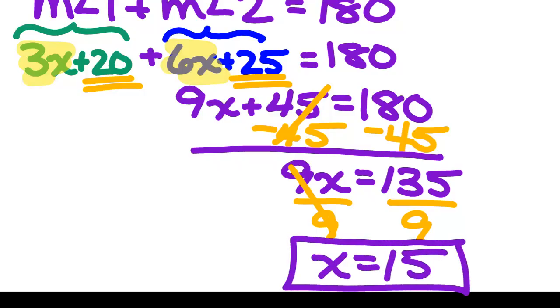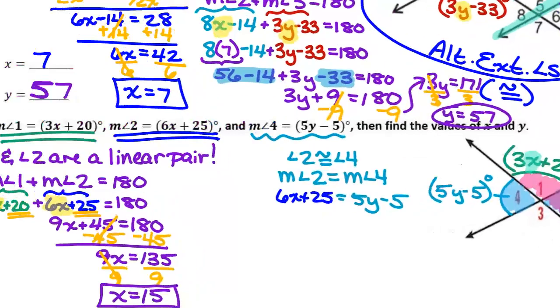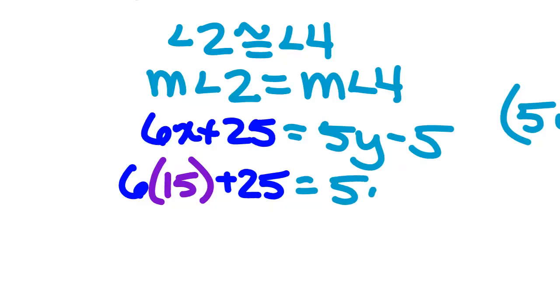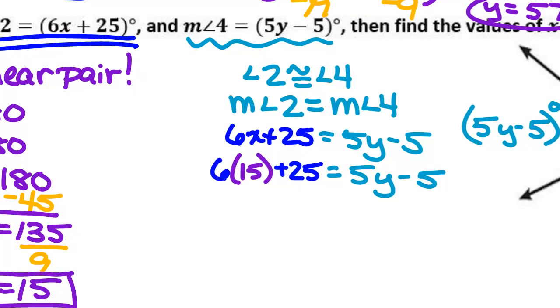So there's one of the things I was supposed to find. Now I can come over here and I have 6 times 15 plus 25 equals 5y minus 5. What is 6 times 15? 90. So I have 90 plus 25 equals 5y minus 5.